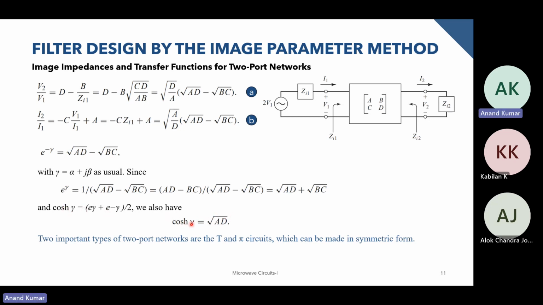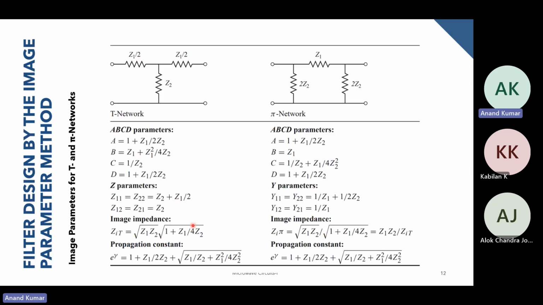We found that cosh of gamma is root of AD, and we covered this until here in the last class. Then we wrote down the ABCD parameters, Z parameters, and image impedances for the T network and Pi network. I borrowed this table from Pozar, so it is there as well.